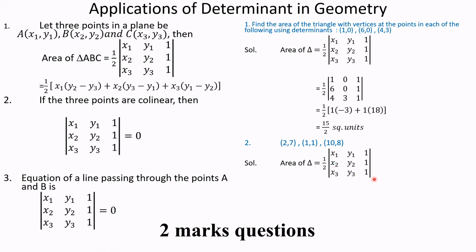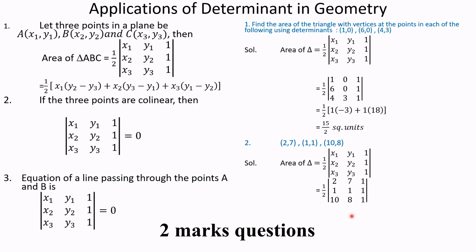We have put the formula and we have to substitute the values in this expression. So half of 2, 7, then 1, 1, and then 10, 8. And the third column is 1, 1, 1.